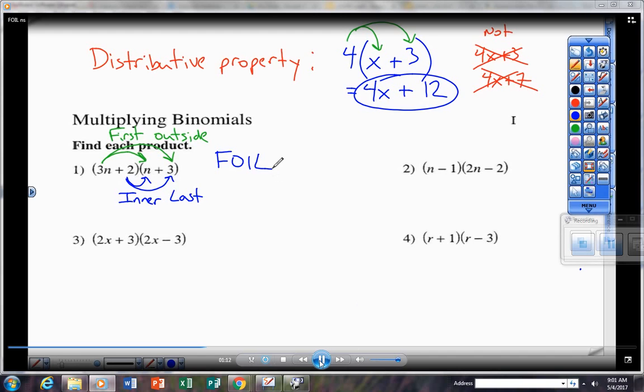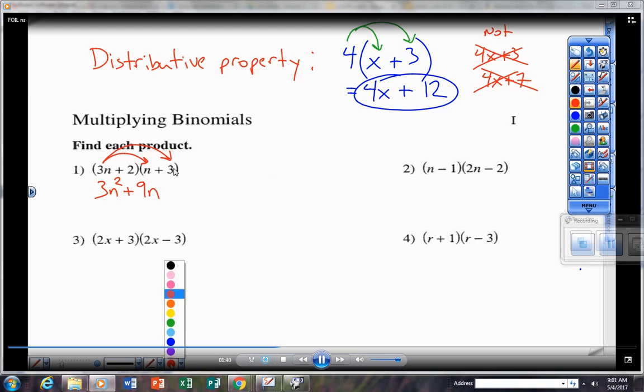So here we go. Let me show you these first 4. So 3n times n is my first. And then I'm going to go 3n all the way down times 3. 3n times n gives me 3n to the second power. 3n all the way down times that 3 gives me 9n.